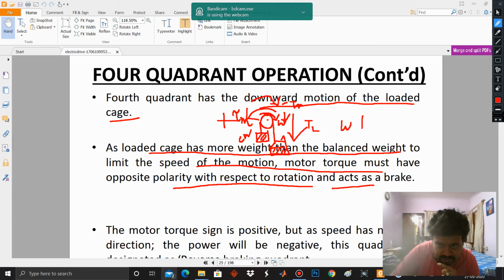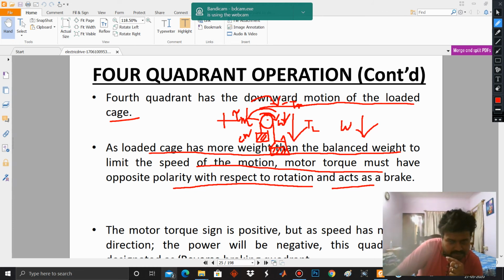So omega is reduced. That's why it is called braking, and it is called reverse braking. So there has to be a difference between the second quadrant braking and the fourth quadrant braking. The second quadrant braking is called forward braking. The fourth quadrant braking is called reverse braking.